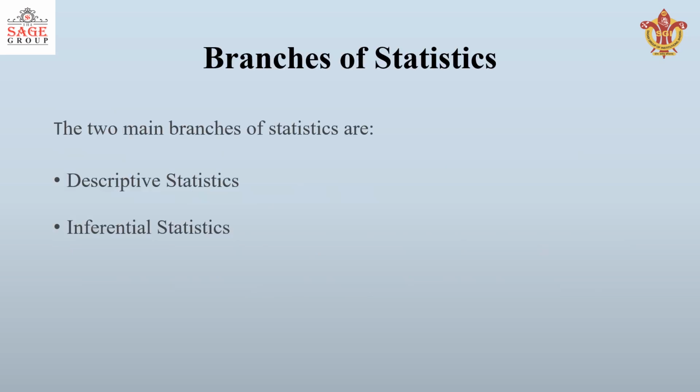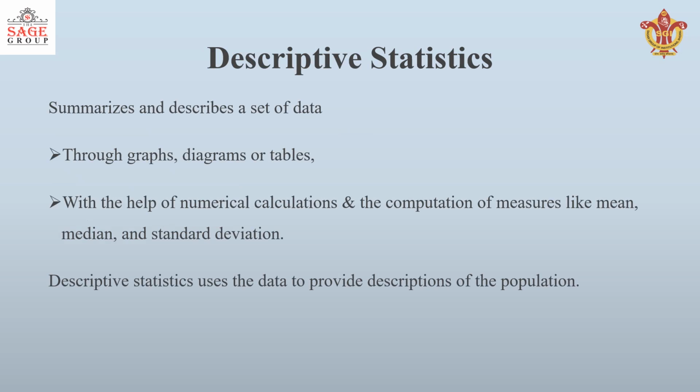Now, statistics can be divided into two main branches. The first is known as descriptive statistics and the second is known as inferential statistics. Now, let us understand in a little detail what we mean by descriptive statistics and inferential statistics. Descriptive statistics summarizes and describes a set of data.